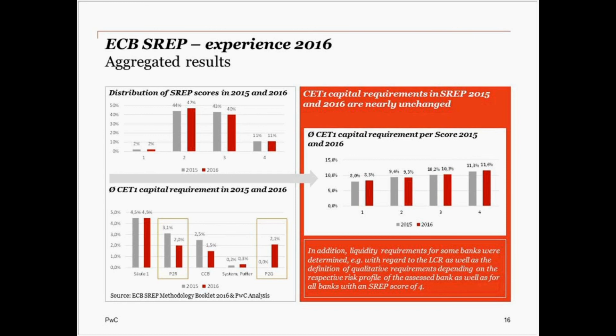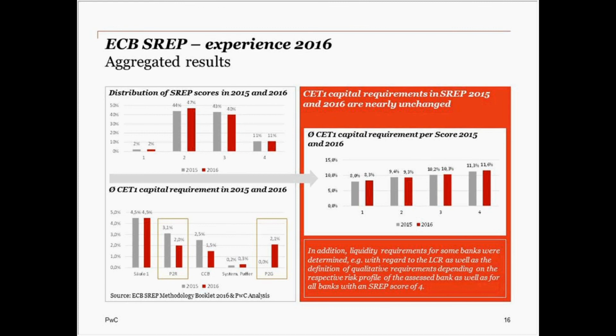Also, and I refer to the graph on the right-hand side of the slide, capital requirements increase by the score, and as a general rule of thumb, we can say that a worse assessment by one notch will lead to a higher capital requirement by approximately 1%. So the worse the ECB's assessment of the bank, the higher obviously the capital requirements.